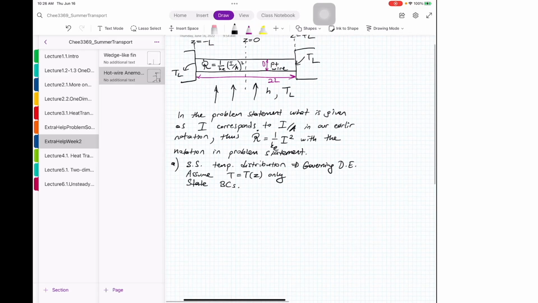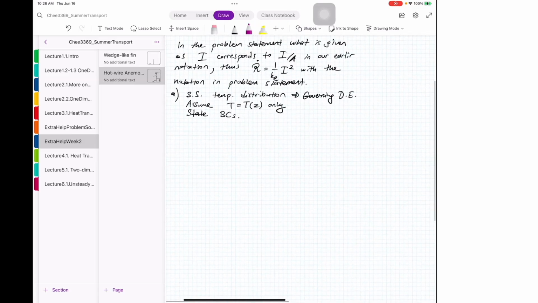So far, so good. So let's do a shell balance.